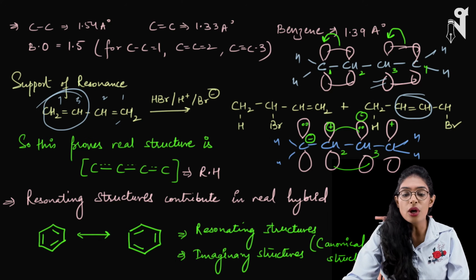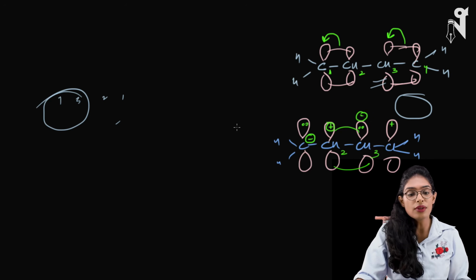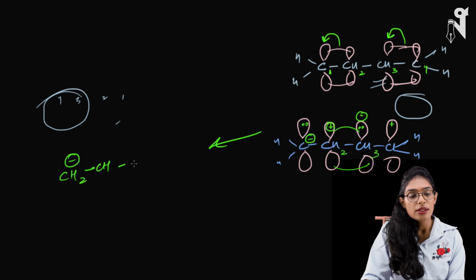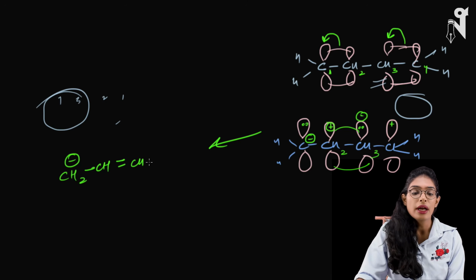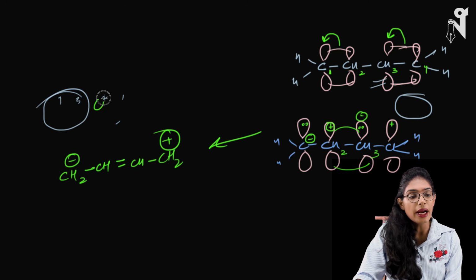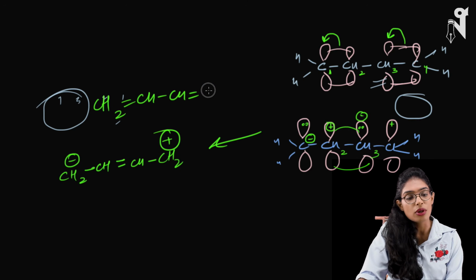Let me just draw everything on a plain sheet so that you'll be able to understand. If this happens, then the molecule will look like this: CH2 minus, CH, CH double bond, and CH2 plus. This is what it will form. Earlier I had CH2 double bond CH, single bond CH, double bond CH2.